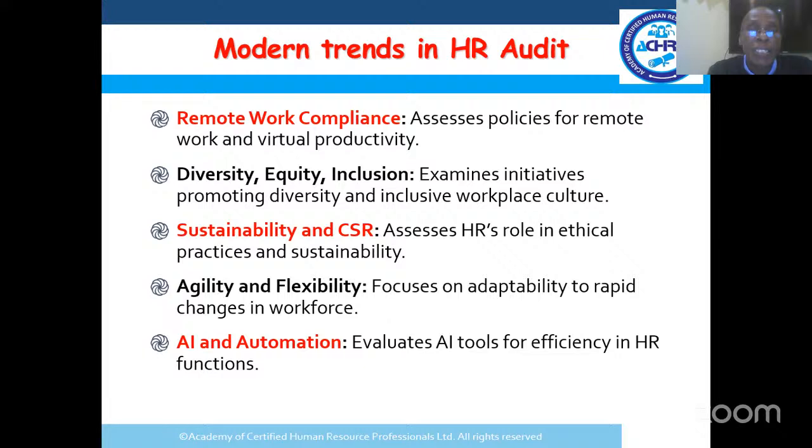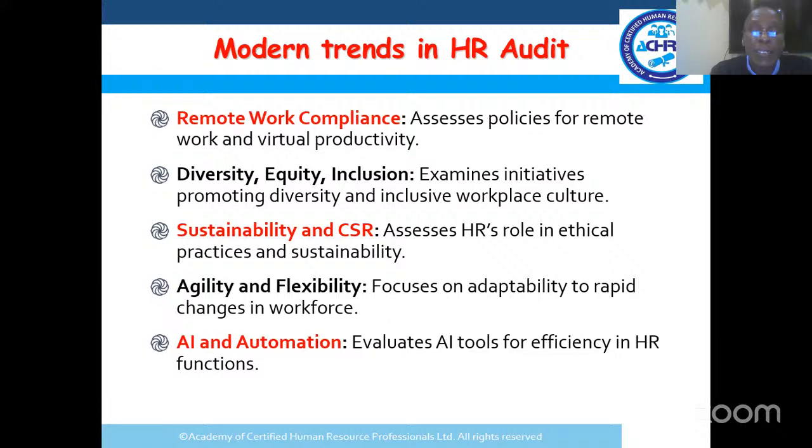Another aspect which is a trend in HR audit is agility and flexibility, that our systems need to adapt flexibly to the changes in the environment. For example, we cannot use the traditional way of attracting candidates mainly through newspapers. Very few people can access newspapers today. And as a way of being flexible, our recruitment system has to adopt technologies like ATS.